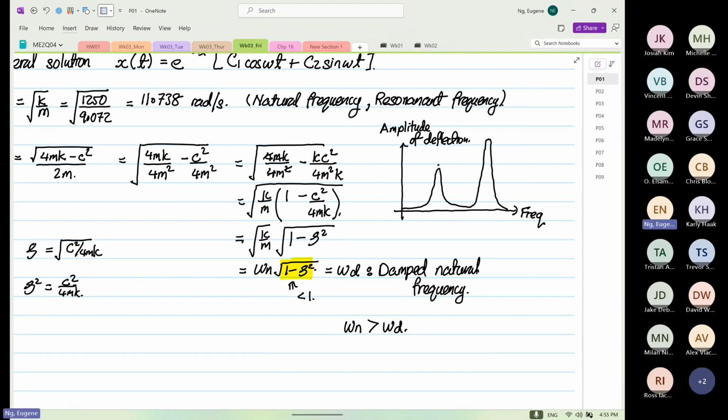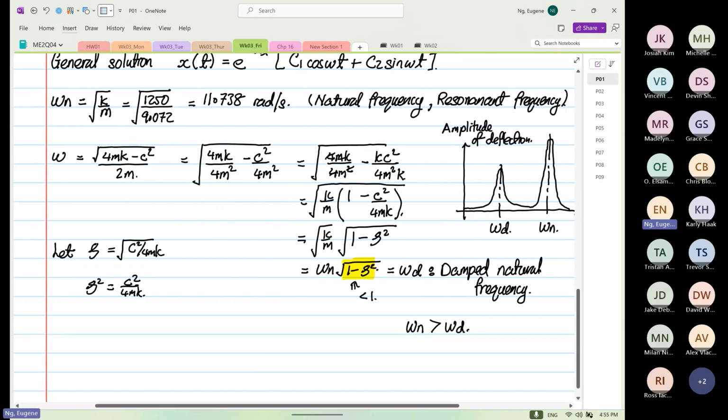Okay. So the first peak over here is known as your omega d. And the second peak over here is known as your omega n. Right? Yes. This one?